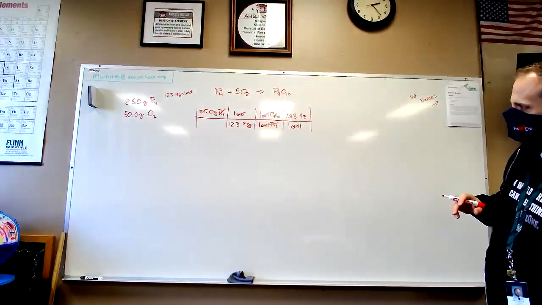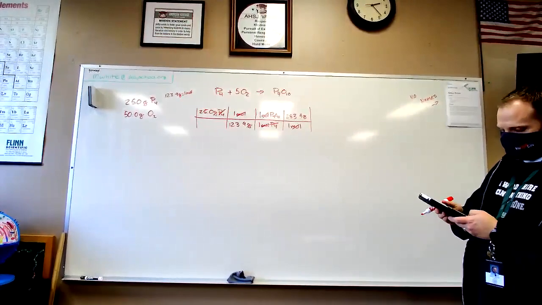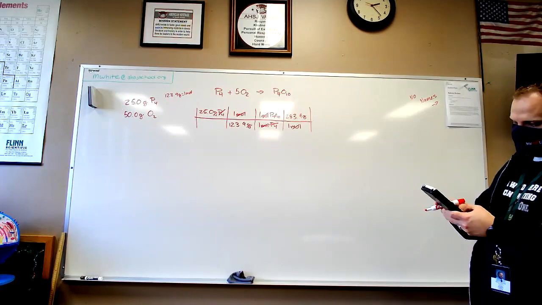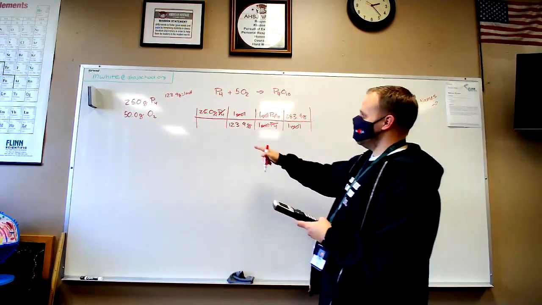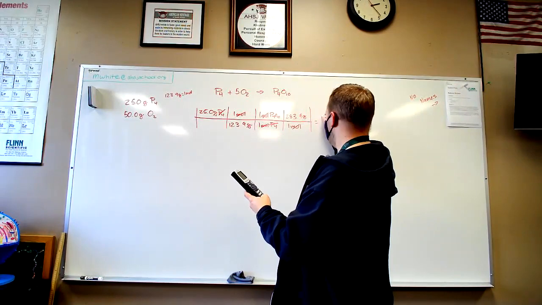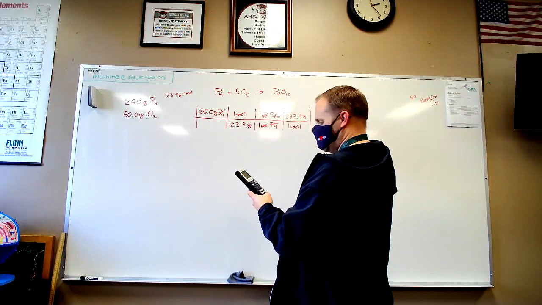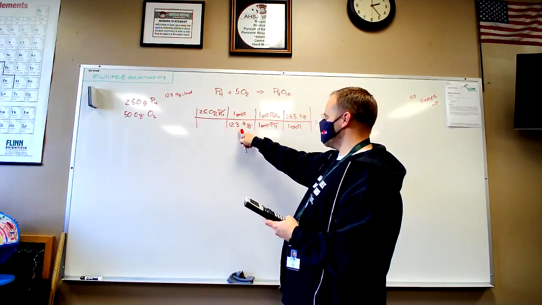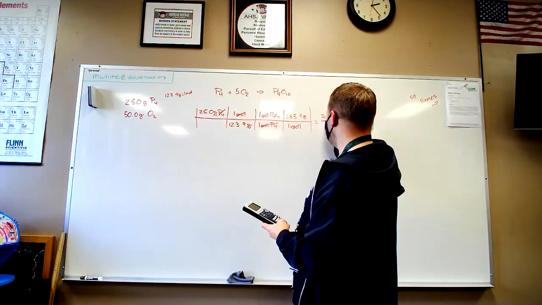So now, we grab our calculators. Okay, 25 times 1 times 1 times 283.9, 1,097.5, all over 123.9 times 1 times 1.